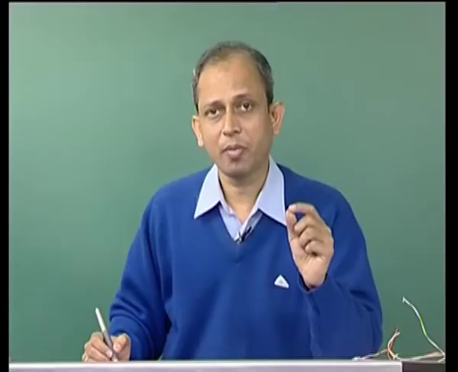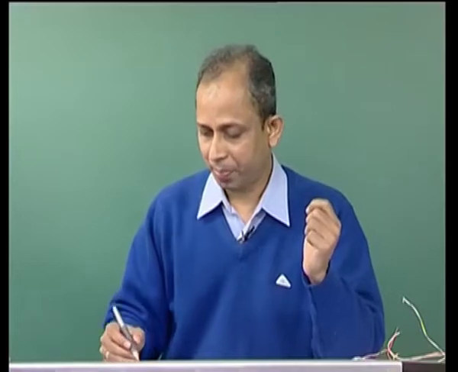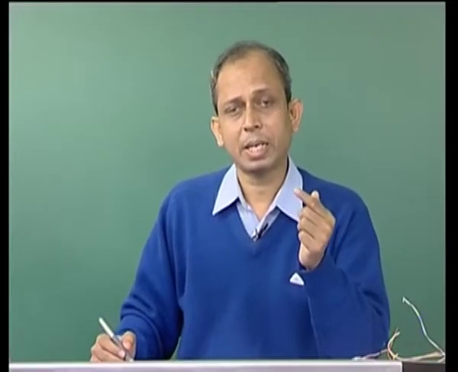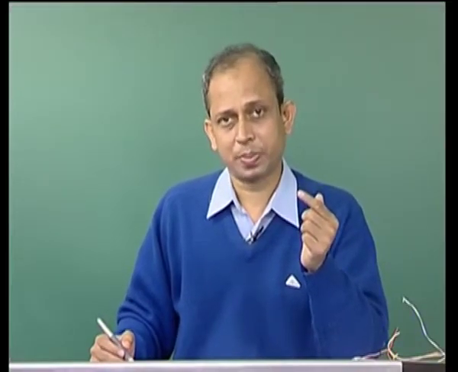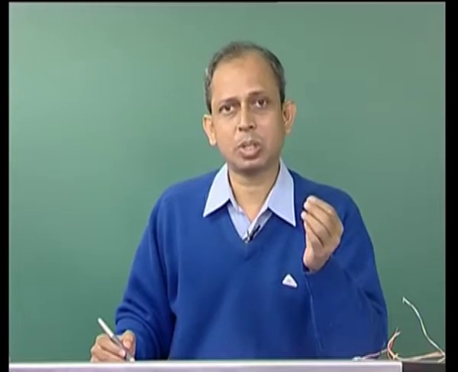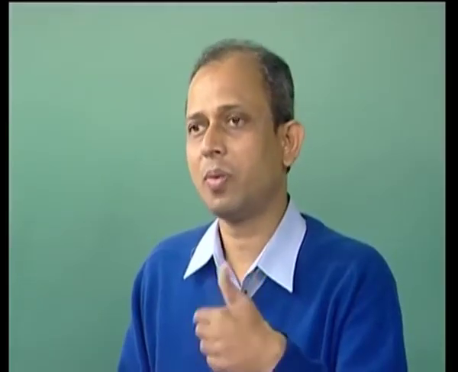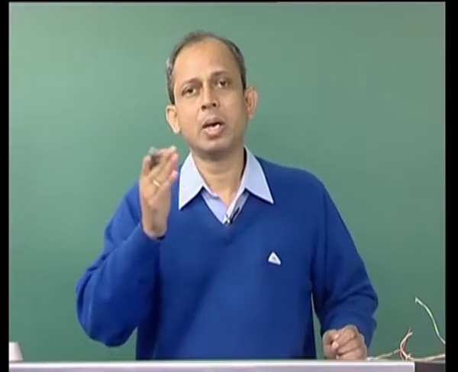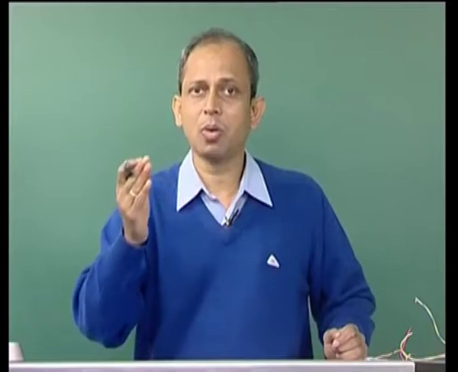And when we turn off SA and turn on SB, the current in every winding will take some time to die out. So, if the transistor is switched off, the current will freewheel through the respective freewheeling diode. So, for some time A and B will both carry some current. So, the MMF from phase A to phase B will shift gradually, although quickly.